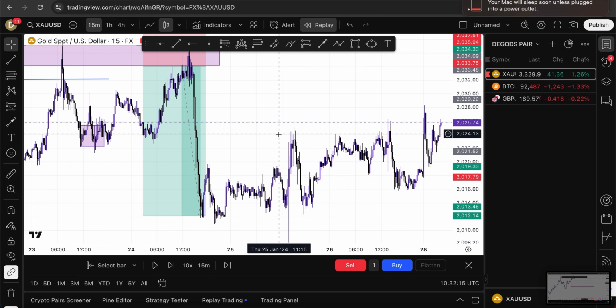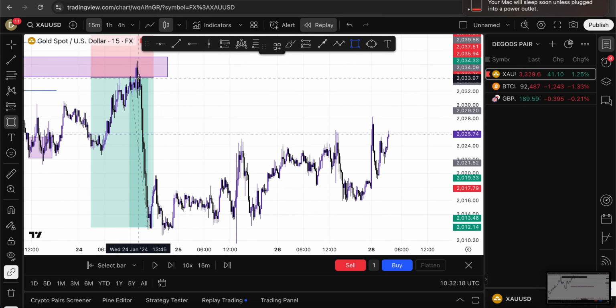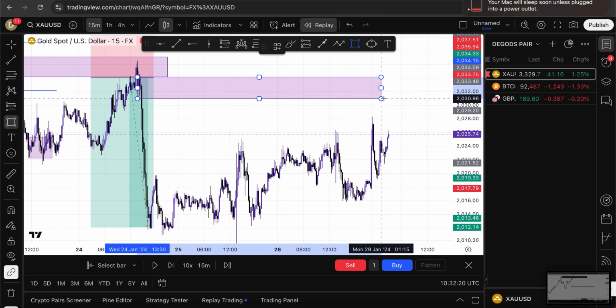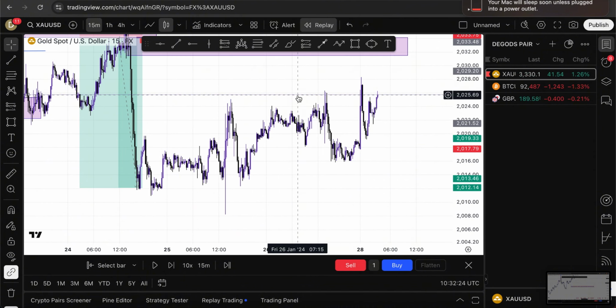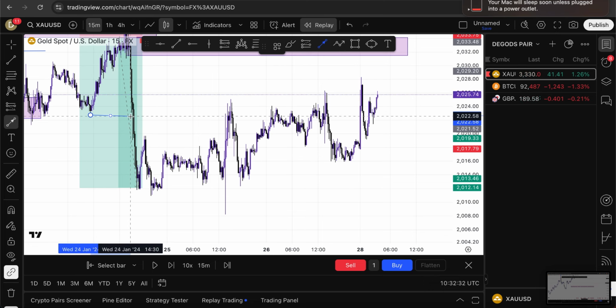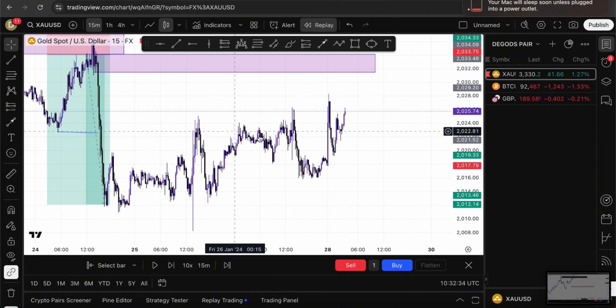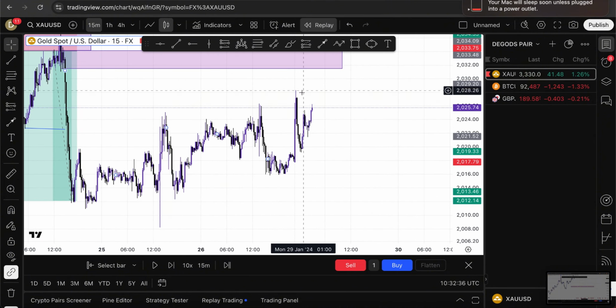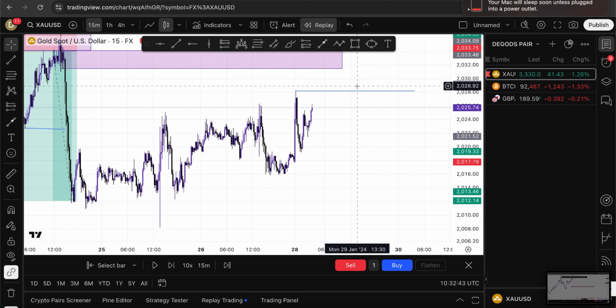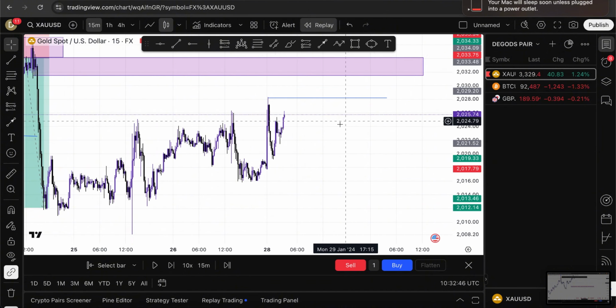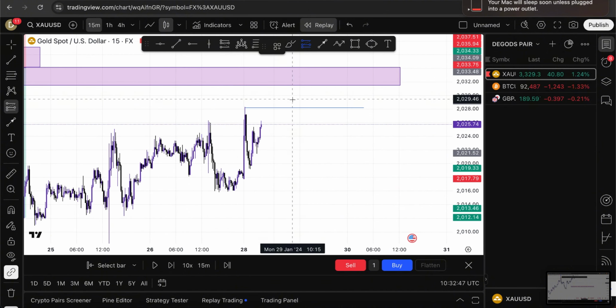It's like we have this order block, break of structure, then here you have structural liquidity. Structural liquidity. So let's see what the future is for us.